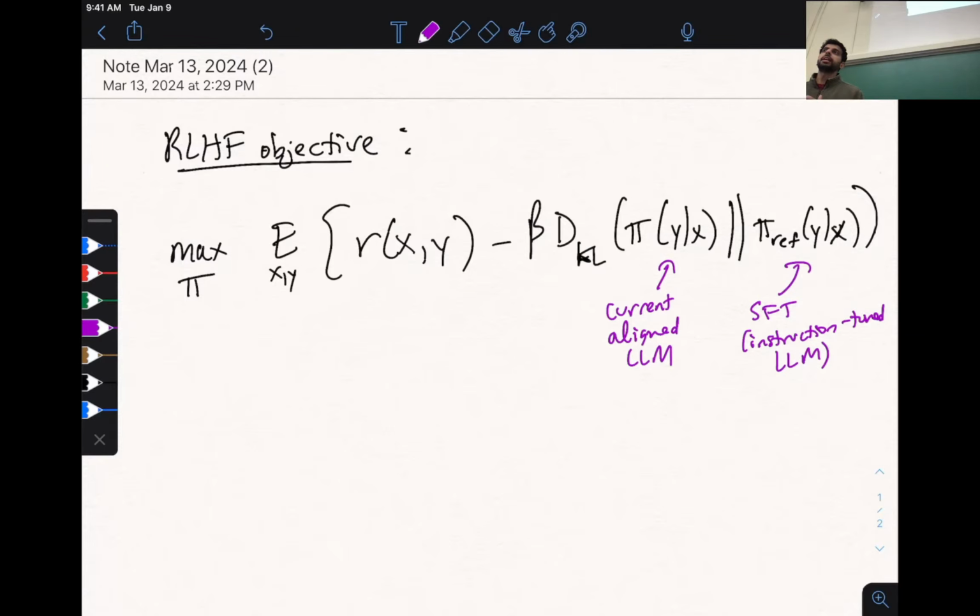So first, I want to discuss a little bit more about why we have this KL regularizer. Intuitively, it might make sense that we don't want the model to go very far away from the SFT model and lose some of its instruction following capabilities. But let's say I didn't have this regularizer and my model just maximized the expected reward.